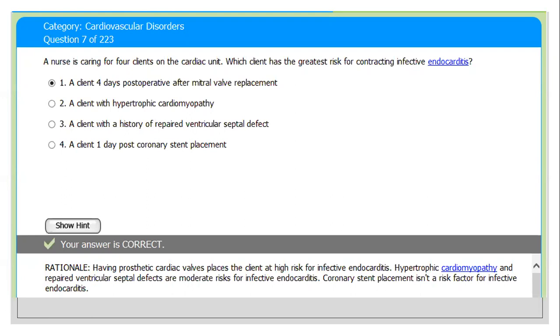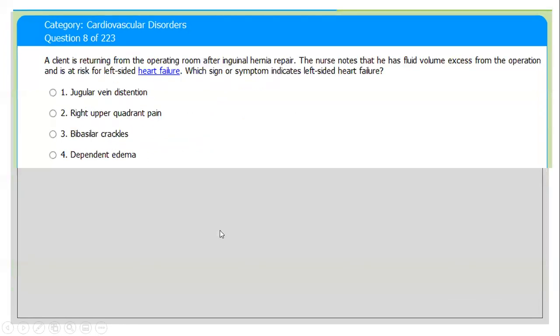But the most common symptoms we can see are a developed heart murmur, muscle and joint pain, fever and chills, also shortness of breath or swollen feet. Hypertrophic cardiomyopathy and repaired ventricular septal defect are moderate risks for infective endocarditis. The question says greatest risk. Coronary stent placement is not a risk factor for infective endocarditis.